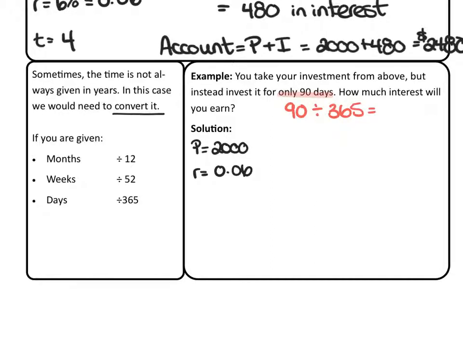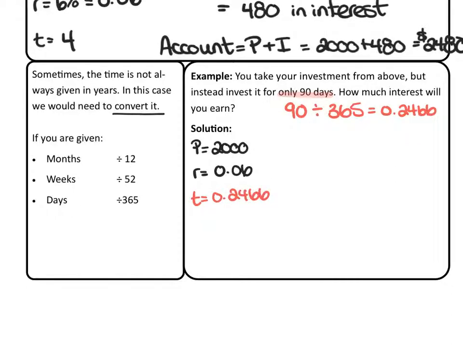So if you do that, I get 0.2466 if I round it. So we have time 0.2466.